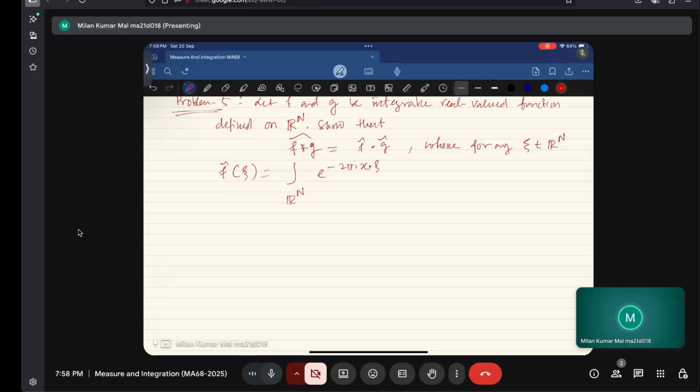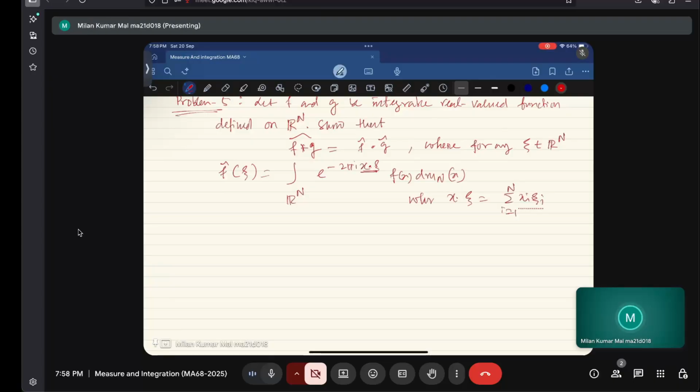What is this dot? Here x dot xi is equal to the summation of x_i xi_i, which is a real value, with i equals 1 to n.